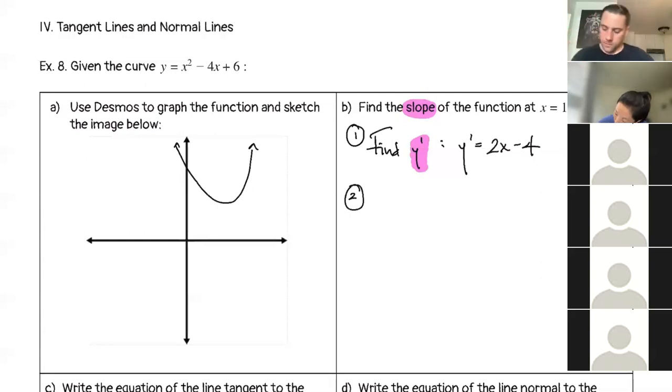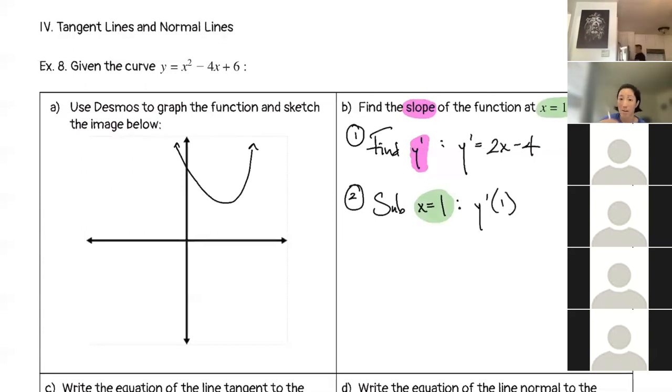So we can say sub x equals 1. Okay. And the x equals 1 just comes from the point that they're asking us for. All right. And so we're going to sub in x equals 1. I've seen some people write this as like, oh, y prime of 1, like you're plugging 1 in. That's another way to do that.